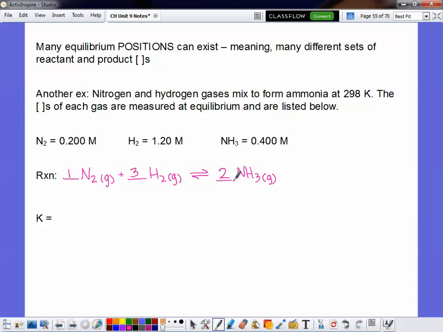So when we write the equilibrium expression, what goes on the top? The ammonia, NH3. And we're going to have to square it. And then on the bottom, we're going to have N2 times H2 cubed.